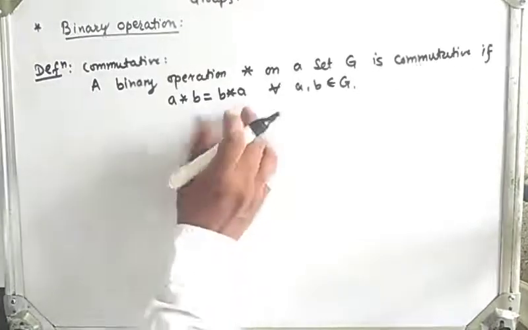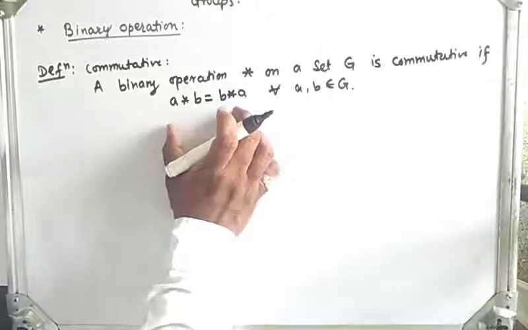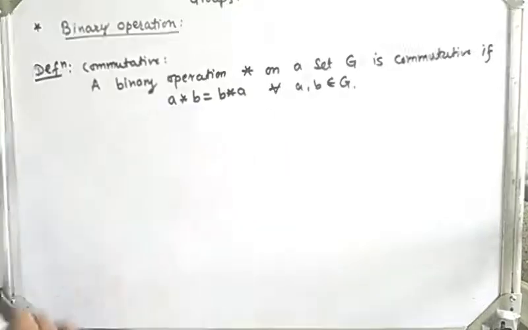Sometimes we say that this is an abelian group. It means the product of two elements A star B is the same as B star A.